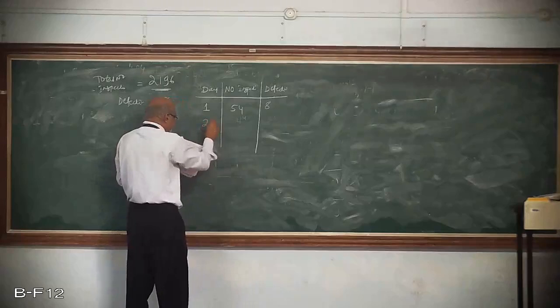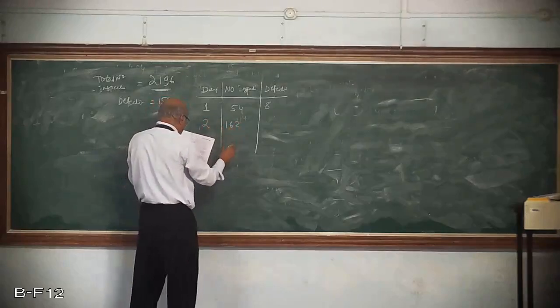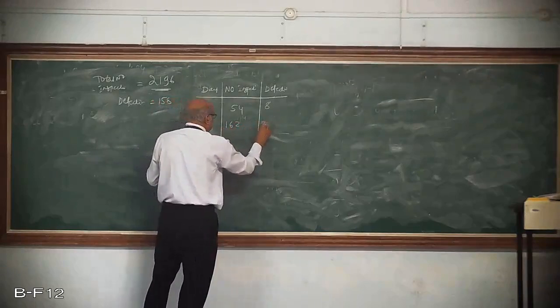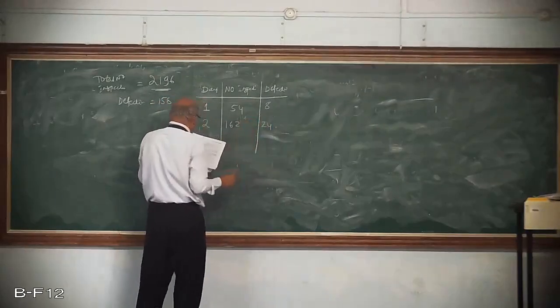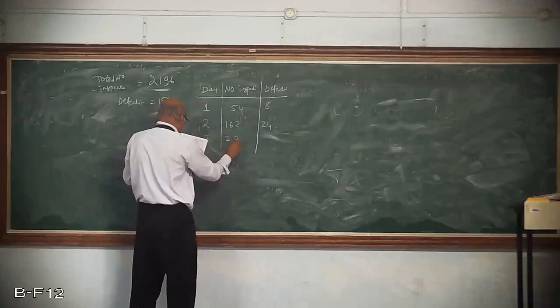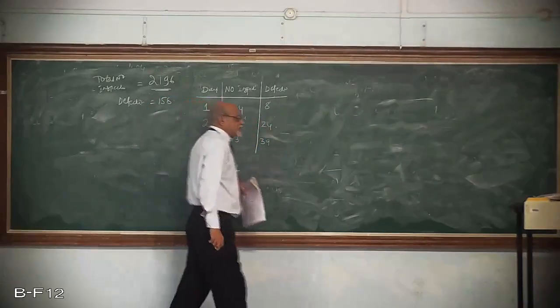On day 2, 162 were inspected and 24 were found to be defective. And on day 3, 213 were inspected and 39 were found to be defective. Okay? This is what has happened.